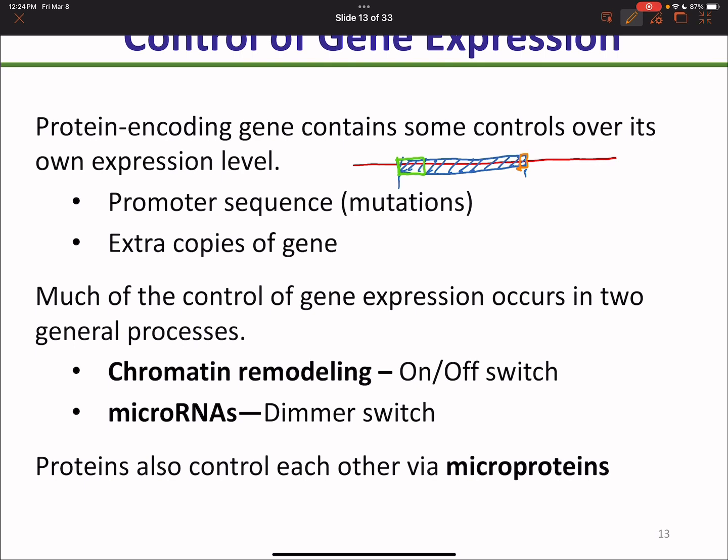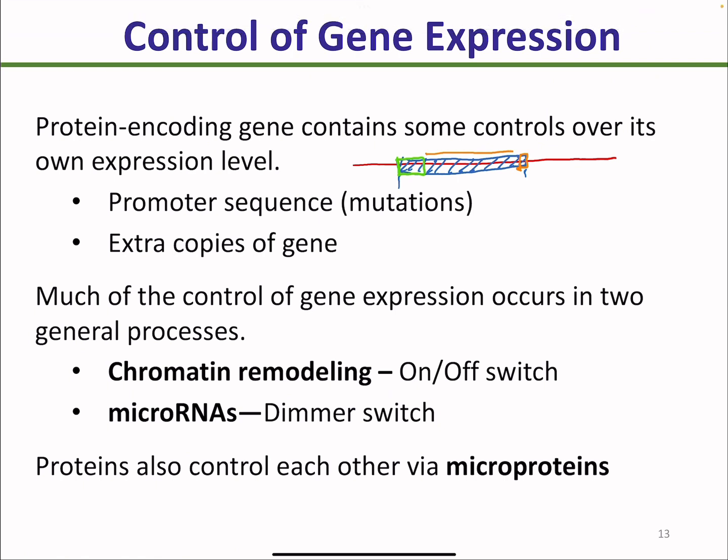In the middle, right here, we have the open reading frame. That open reading frame is what is going to become the protein, right? So we have a promoter, an open reading frame, and a terminator. I want you to remember that.